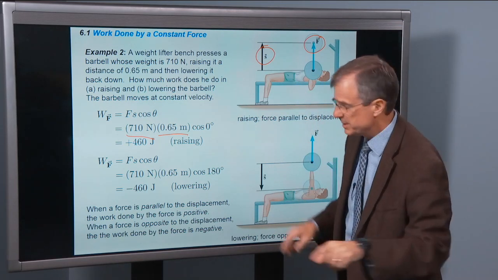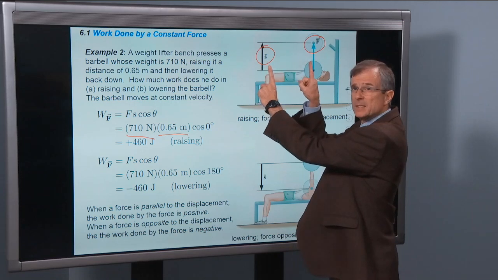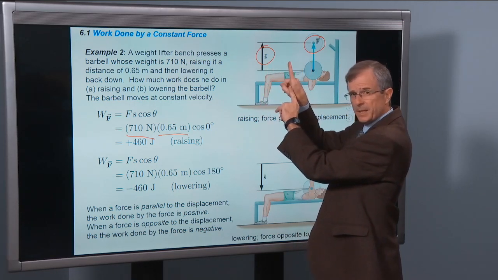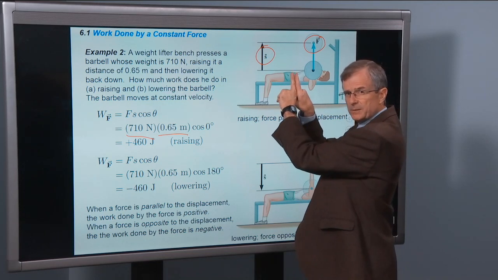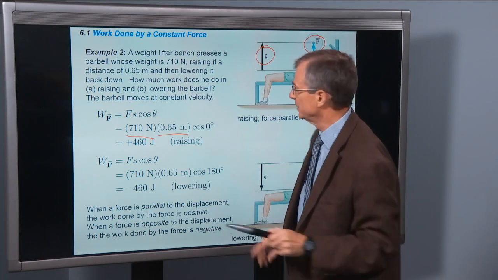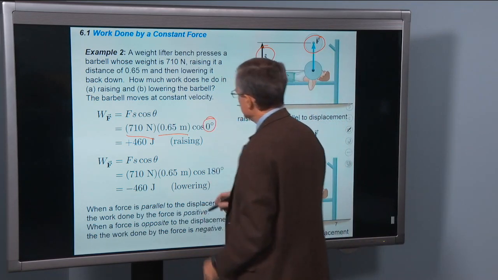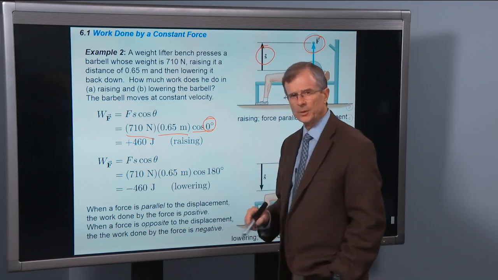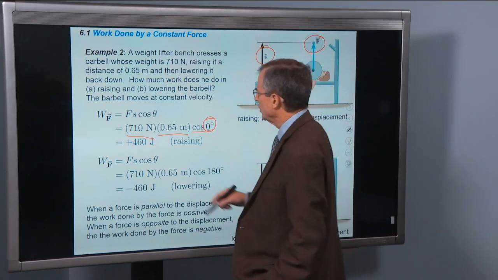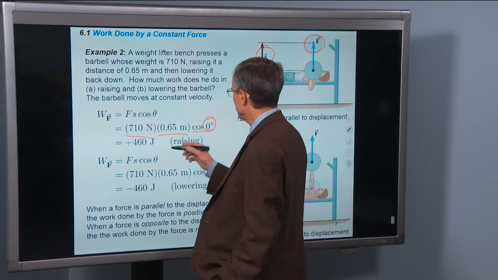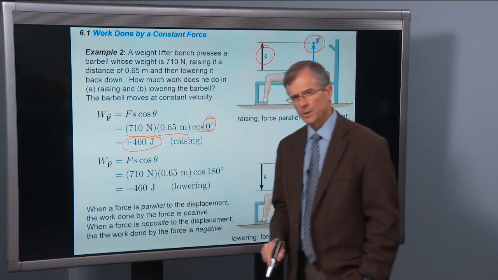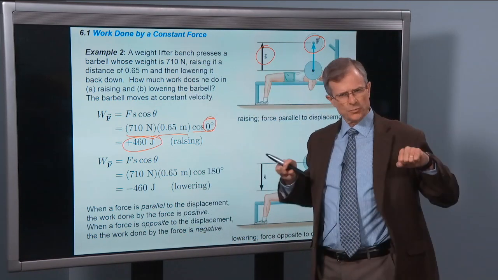Well, the answer is, I'm going to take this F and this S, bring them so their tails are together, not head to tail like you do in vector addition, but tail to tail. And the angle between them is 0. They're parallel to each other. So that angle here is 0. The cosine of 0, if you'll recall from your trigonometry, is 1. So multiply the 710 by 0.65, times it by 1, and you get a positive amount of work while he's raising the barbell.